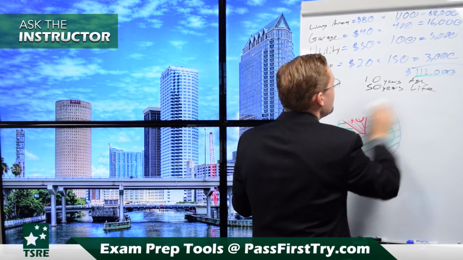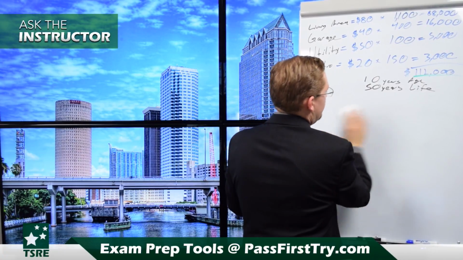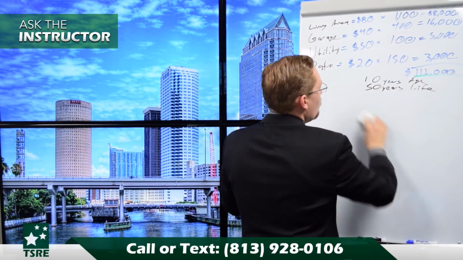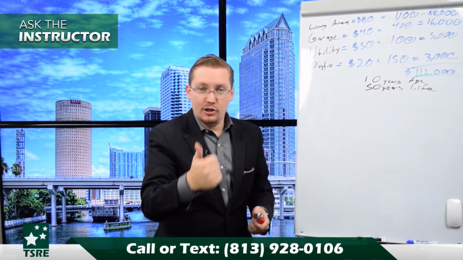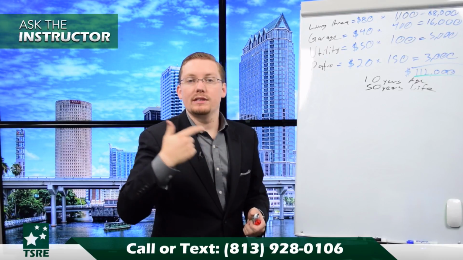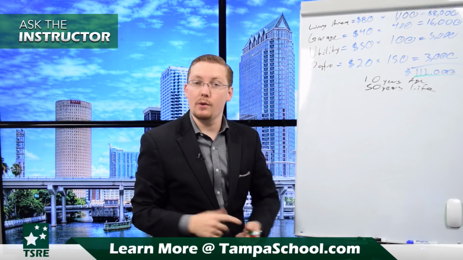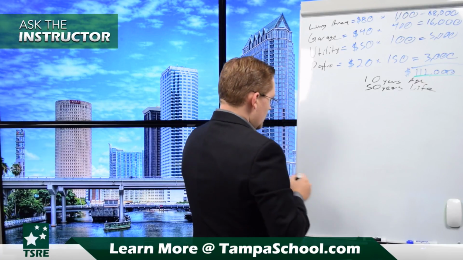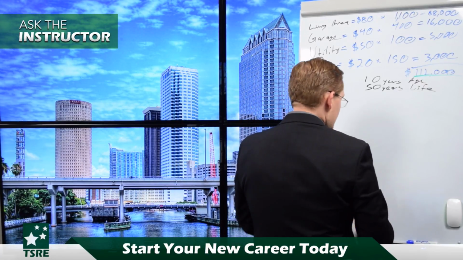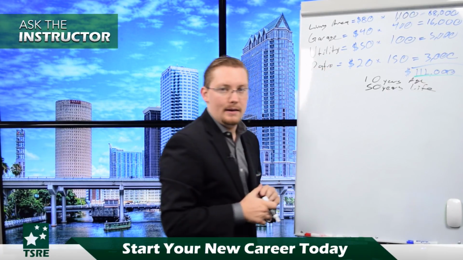There's a couple ways to go about this. We're going to go through a couple different methods to figure out what the depreciation is, number one, and then what the depreciated value is, number two, which is what we're ultimately looking for. So first and foremost, let's start by finding the depreciation of the property.